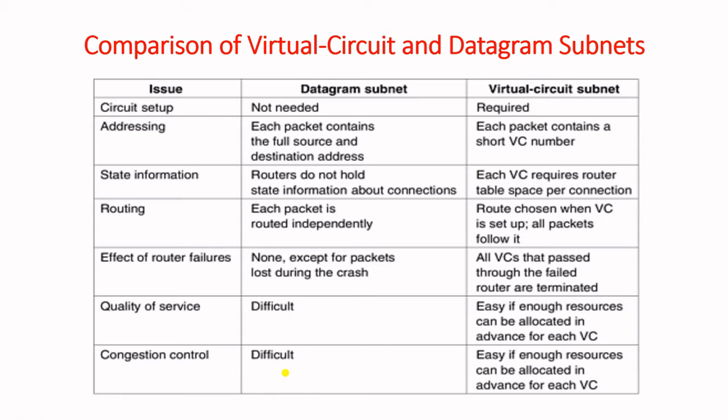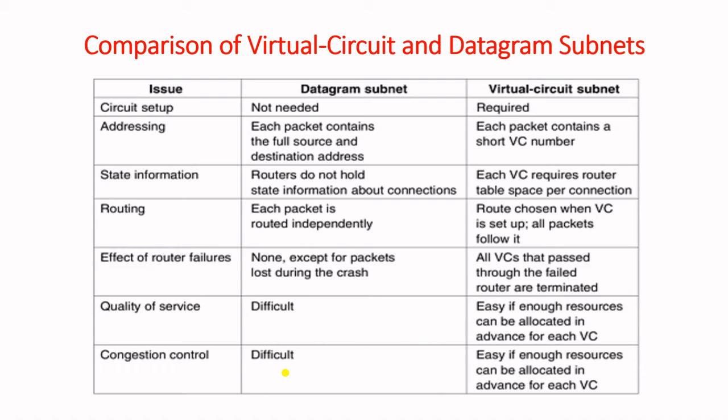But in virtual circuit subnet, circuit setup is required because all the packets follow the same route, the same circuit. Next issue is addressing. Each packet contains the full source and destination address in the datagram subnet. But in the case of virtual circuit subnet, each packet contains a short virtual circuit number, VC number.